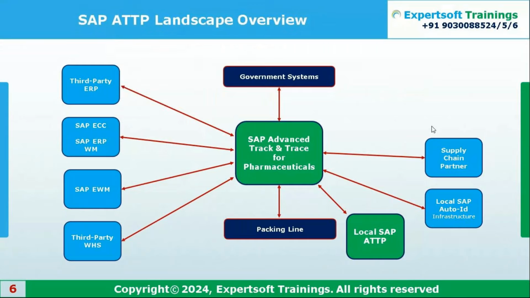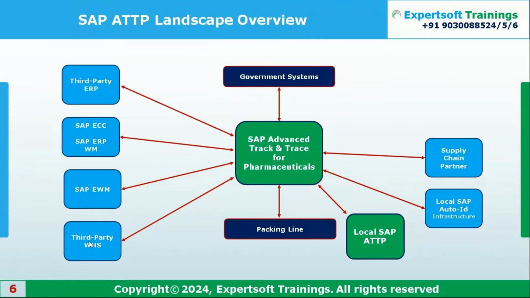Again, this is the landscape overview. Third party ERP, as I mentioned, can interact with our own ECC or ERP or WM or EWM. And then a third party warehouse like UPS, DHL, whatever the warehouse is, can also interact. This warehouse will give us the service of delivering our goods.